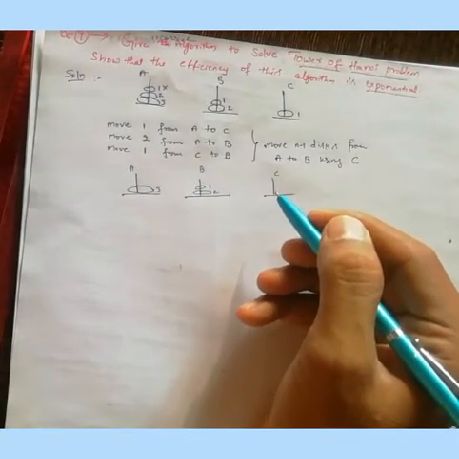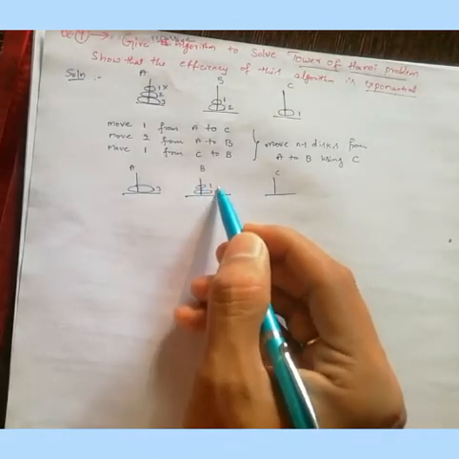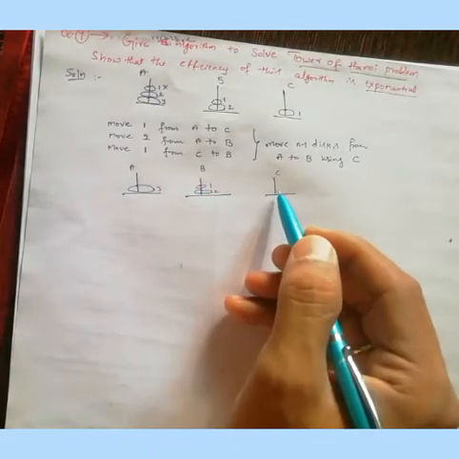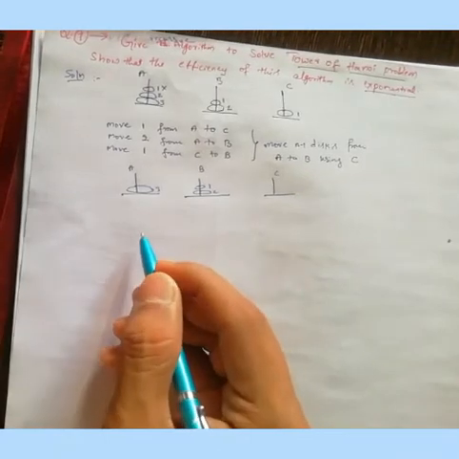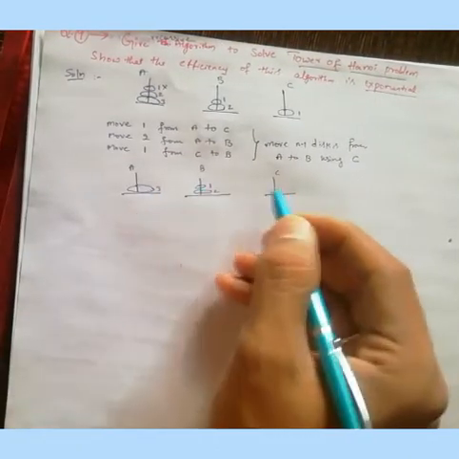Now the next stage, move n minus 1 disks from B to C making use of A. First I will move the third disk from A to C.